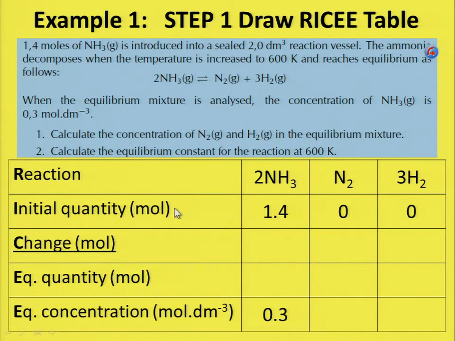Now, do you agree? At the beginning of the reaction, there will only be reactants. When the reaction starts, then the products, nitrogen and hydrogen, will start to form. So in the beginning, there is no nitrogen and there is 0 hydrogen. And then another given in your question is that at equilibrium, the concentration of ammonia is 0.3 moles per cubic decimeter. That is what you get there.